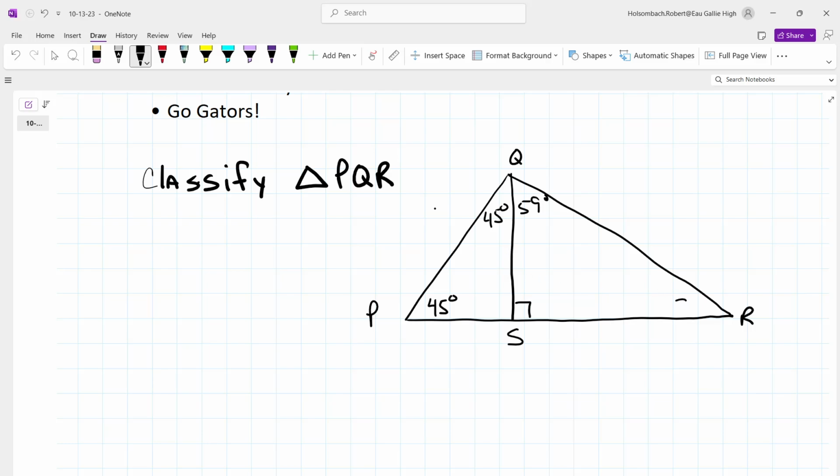All right, so classify triangle PQR as acute, equiangular, obtuse, or right. Explain your reasoning. So here's the triangle we're looking at. We're looking at this big triangle around the outside, PQR. Does everybody see it?